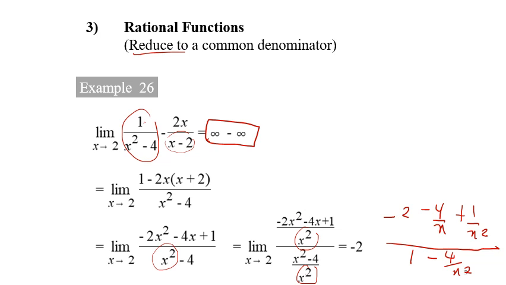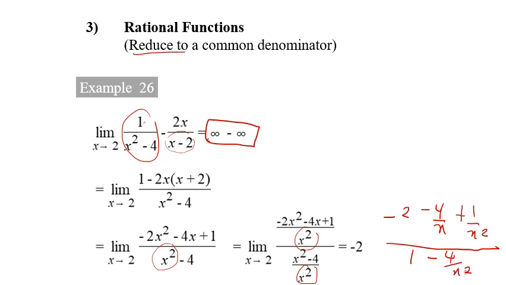So later, when x approaches, I think it's supposed to be approach infinity, right?